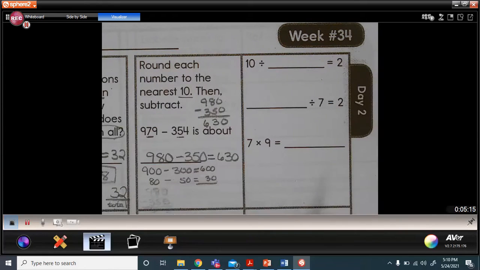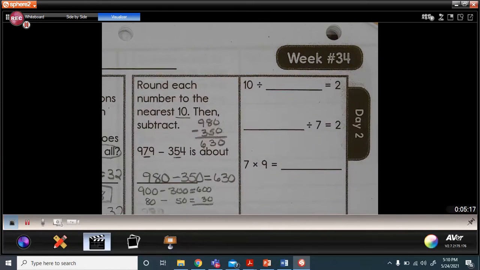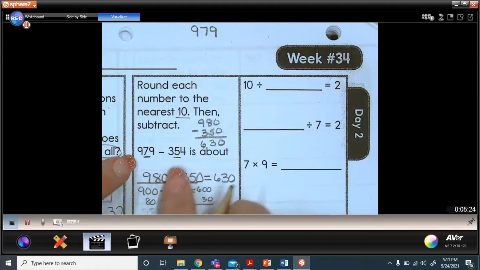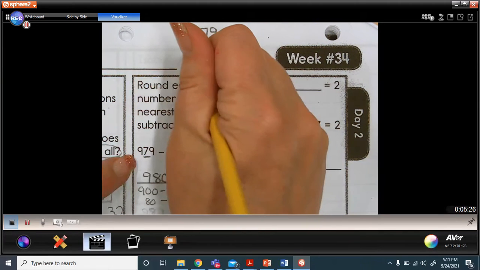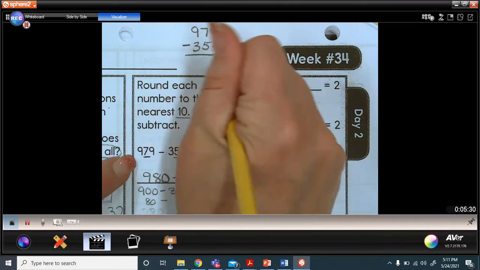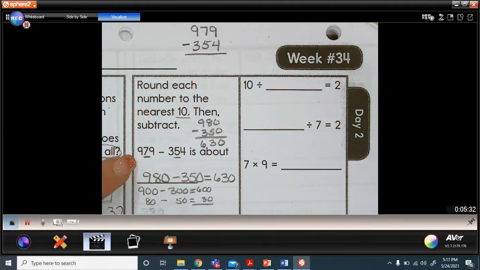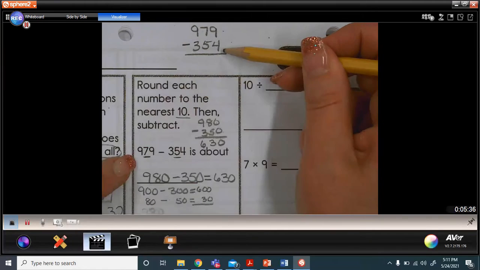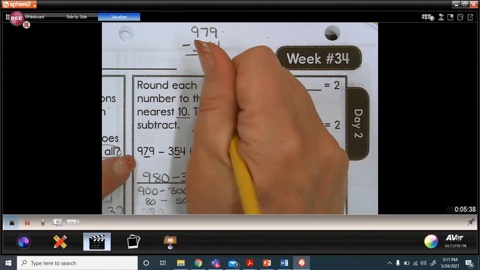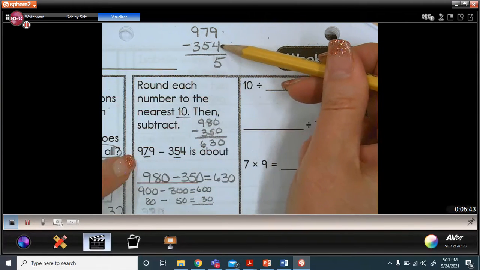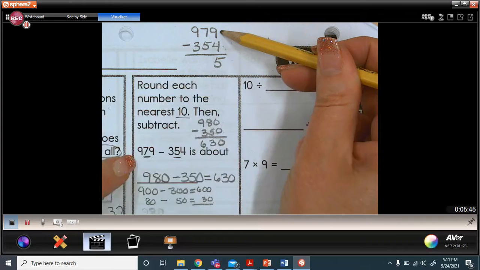Now I'm going to use this room up here at the top to check and see how close my estimate is when I actually subtract 979 minus this 354. So again, I start in my ones place. 9 minus 4 is 5. And I do not need to borrow because I have enough ones to subtract 4 from the 9.